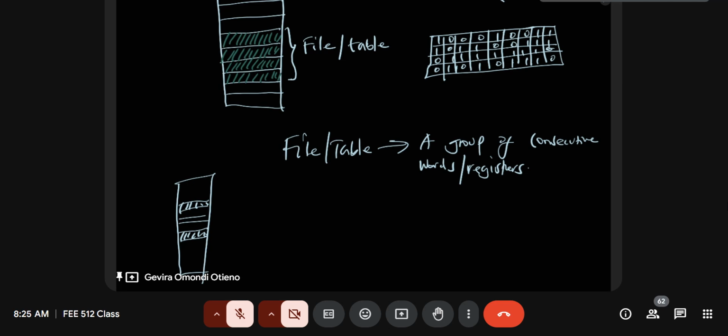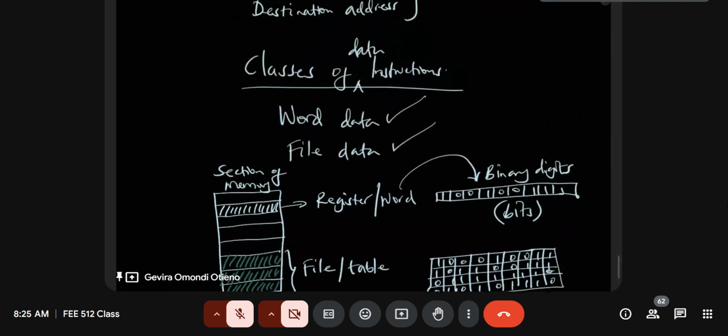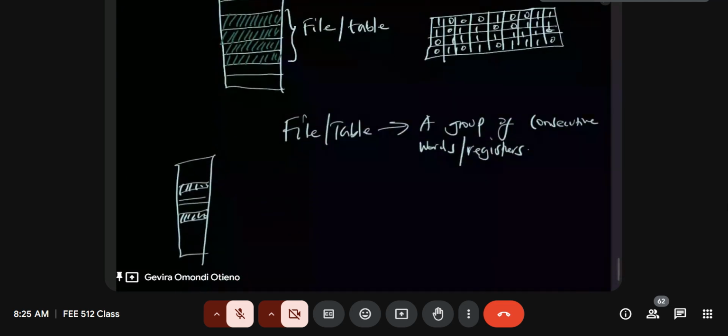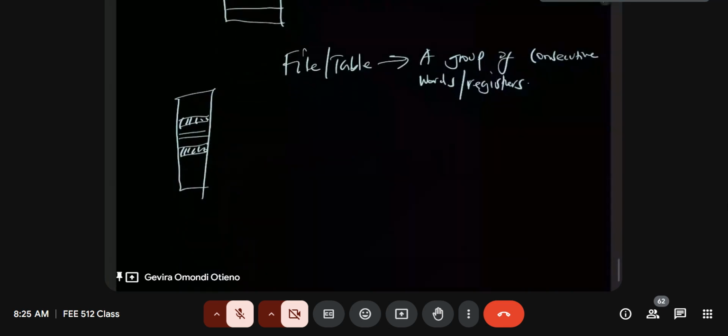But basically, the concept of how you manipulate data, whether it's through data transfer or even through data comparison, remains the same. So whichever instructions you learn, you still will be able to understand the whole thing.